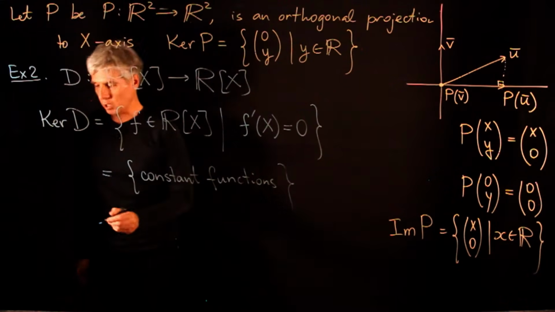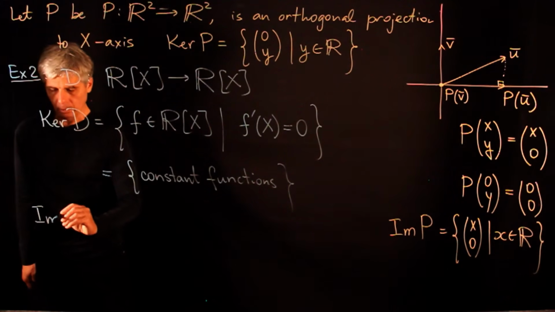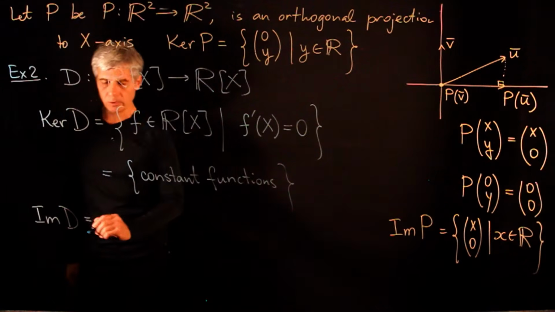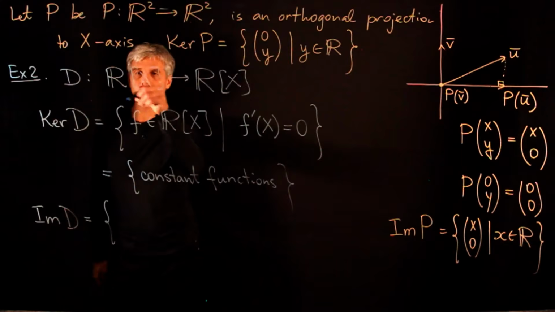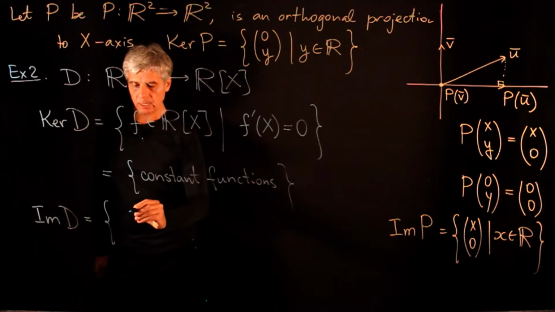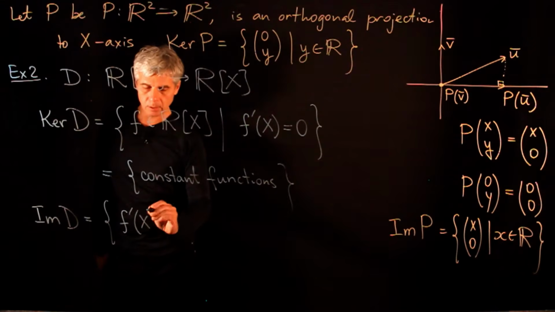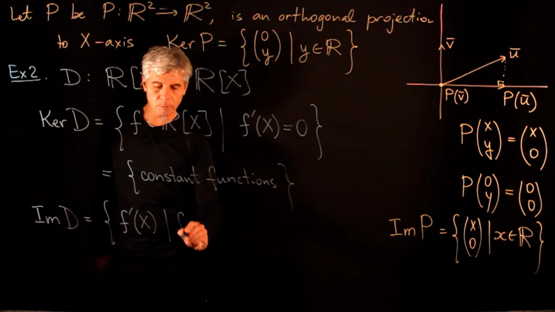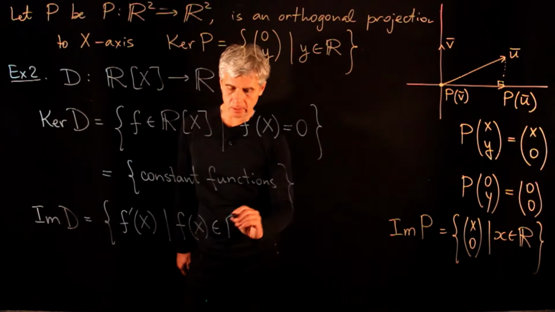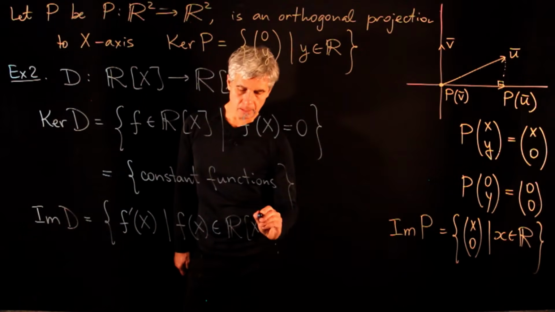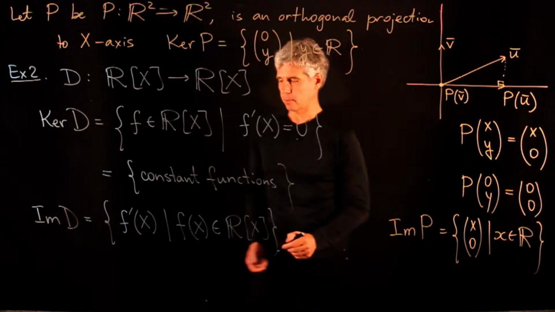Now, how about the image? For the image of the differentiation operator, we take the images of all possible inputs. So this is going to be the set of all possible derivatives of all possible polynomials f(x) in R[x]. Now, what can we say about this set?